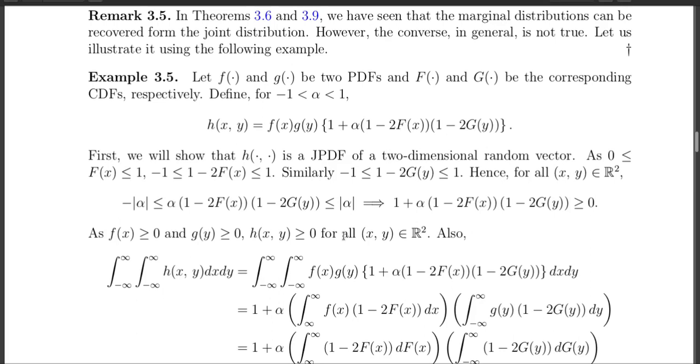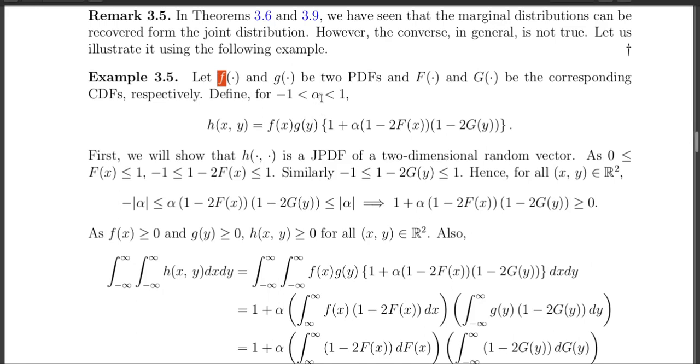Again, we will disprove this by giving one example, and the example is Example 3.5. So what is the example? You take two probability density functions f and g, and you assume that capital F is the cumulative distribution function corresponding to small f, and capital G is the cumulative distribution function corresponding to small g.